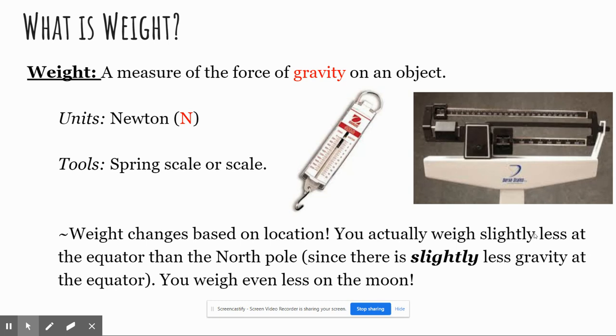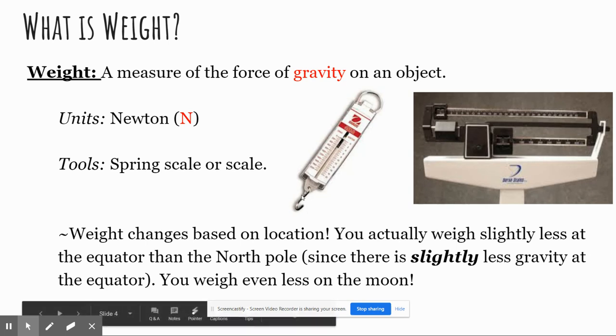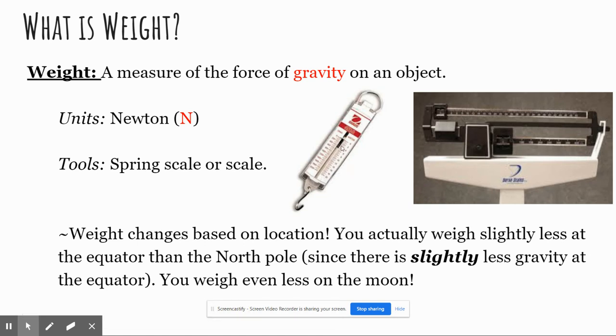The units for this is newtons, which is a capital N. And to measure this, you would use a spring scale, which is over here, has that hook that you kind of hang the object off of, and it goes down and tells you how much it weighs, or some type of scale like you might see at your doctor's office, okay?